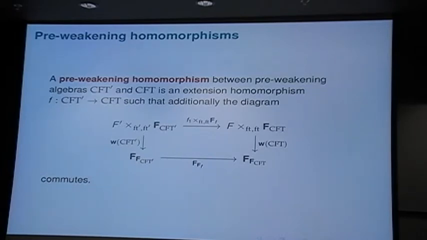So what do we need? We need the theorem that says the F of a pre-weakening algebra is again a pre-weakening algebra. The change of base of a pre-weakening algebra is again a pre-weakening algebra. And then it makes sense to require that weakening itself is a pre-weakening homomorphism. But you need to do this work. There's no way around it.